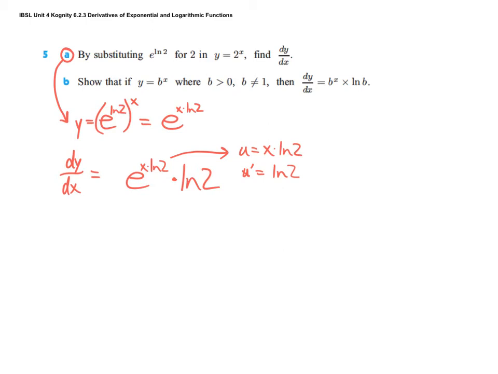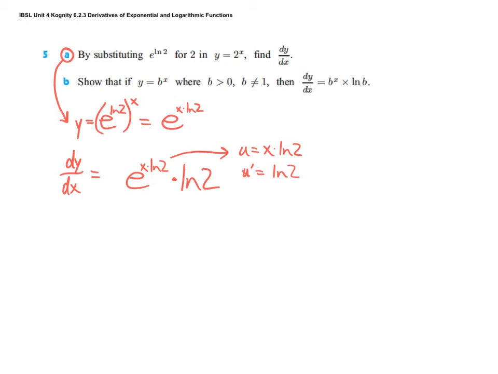Now, there is more. And this is how we can actually develop part B. I want to go further with this part A, and then we'll develop a rule for part B. This is a rule that you would memorize if you were taking AP. We don't really mess with these in SL, but I want you to see how this all works together.